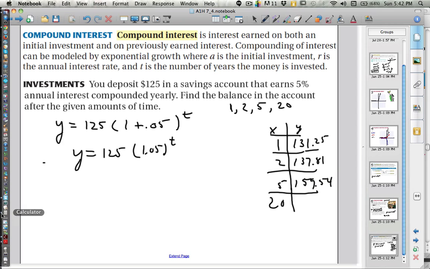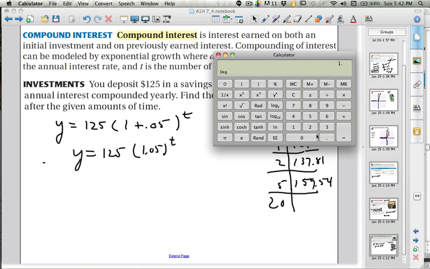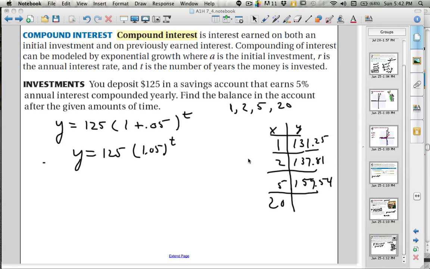And after 20 years, times 125, I'll have $331.66.